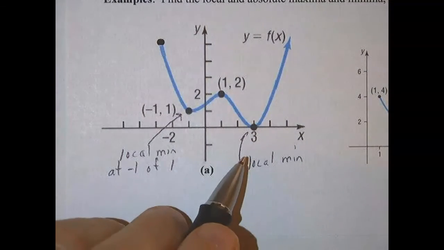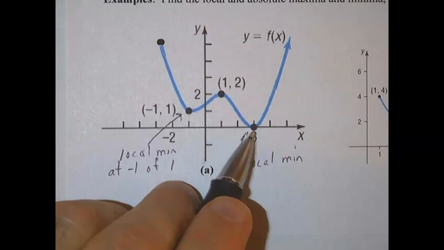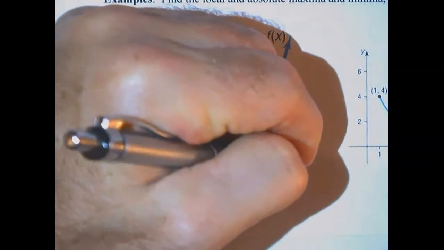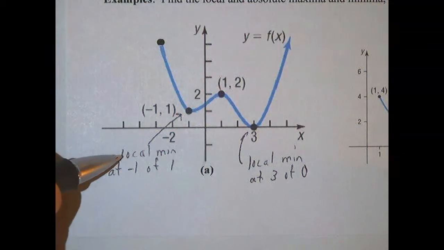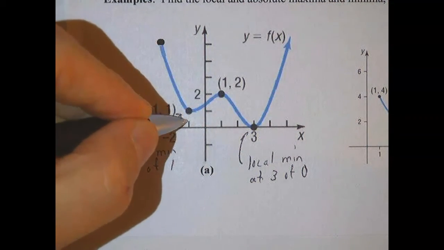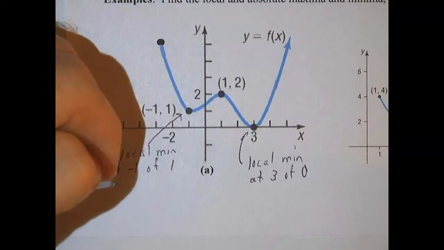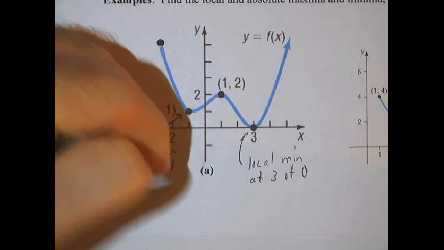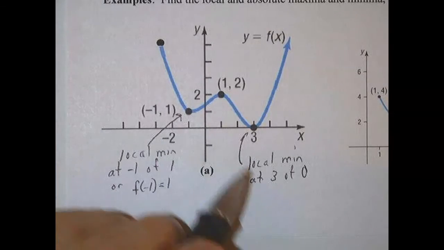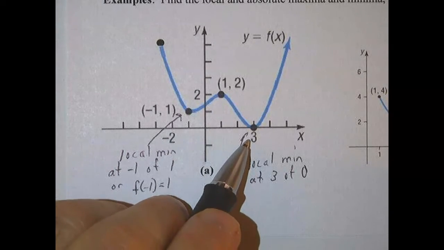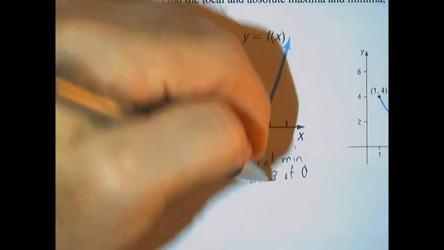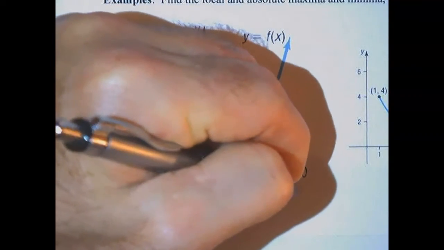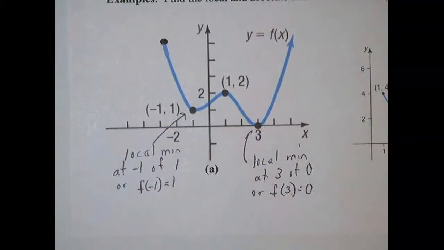And here there's a local minimum at 3 of 0. You can also say there's a local minimum that is f of -1 equals 1. And you could say here that there's a local minimum that f of 3 equals 0. Okay, so there's two local mins.